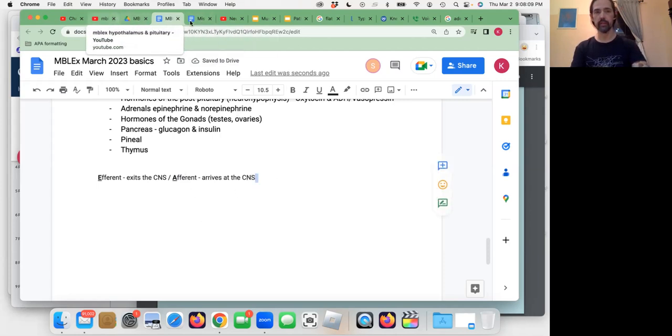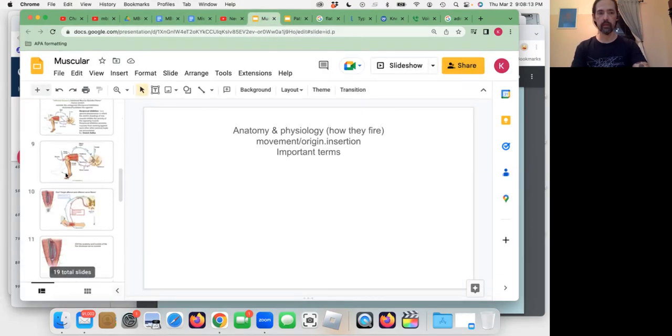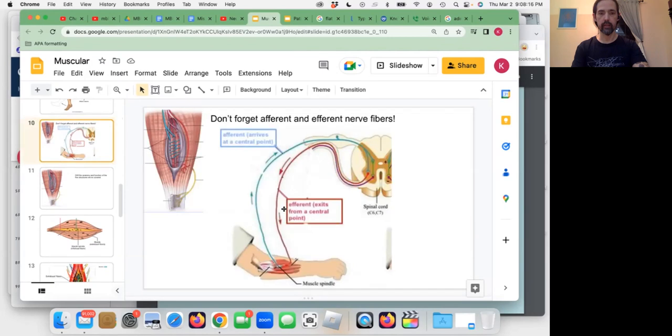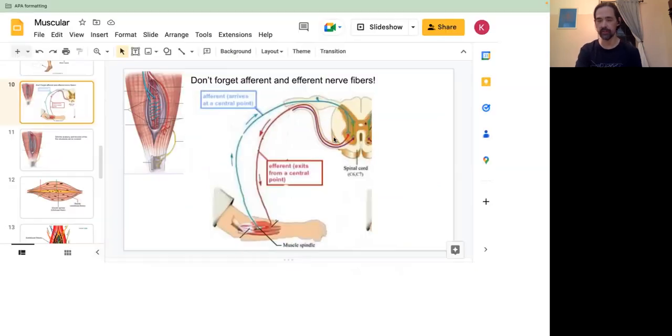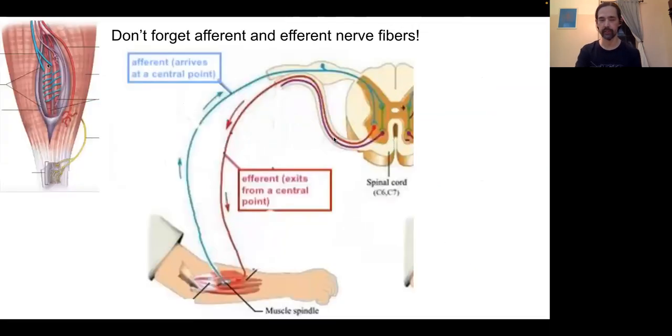So you're going to see drawings later on like this, where all this is totally abstract. I expect you to learn like this, which is why I have you touching yourself and moving.